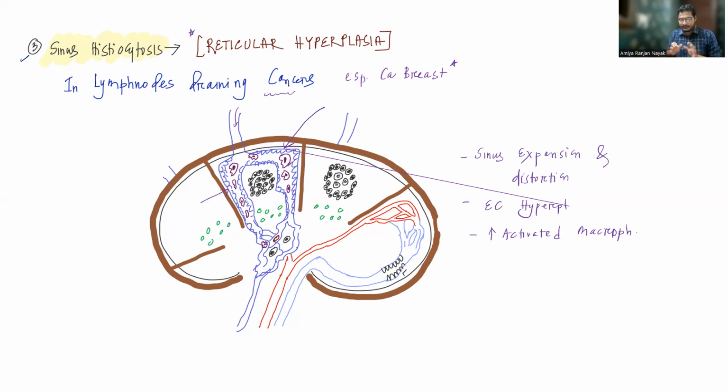It is found usually in those lymph nodes which are draining the cancers, especially the carcinomas. In this condition, you are going to find sinusoidal endothelial cell hyperplasia and increased activated macrophages in the sinuses, and all these things ultimately lead to sinus expansion and distortion. Okay, so this is known as sinus histiocytosis.